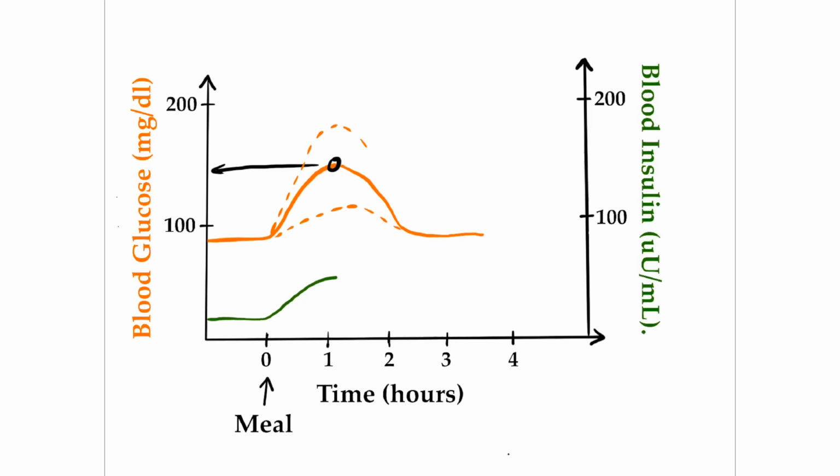As a result of all of these actions of insulin, blood glucose levels start to fall and eventually reach their steady state level of around 90 milligrams per deciliter again. And at that point, insulin is no longer needed, and insulin levels also drop down to baseline. Depending on the size of our meal, this typically takes 1 to 3 hours, and only if you are metabolically healthy. If you have prediabetes or diabetes, this curve looks potentially quite different, as we'll see next.